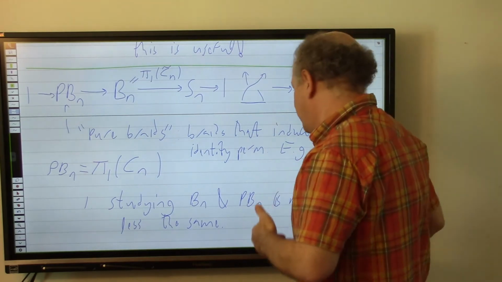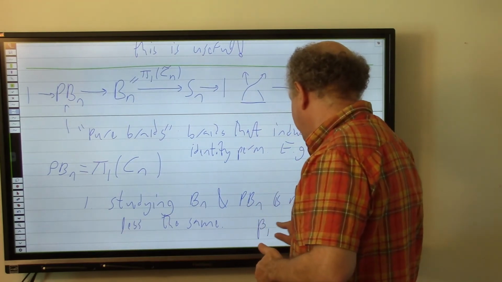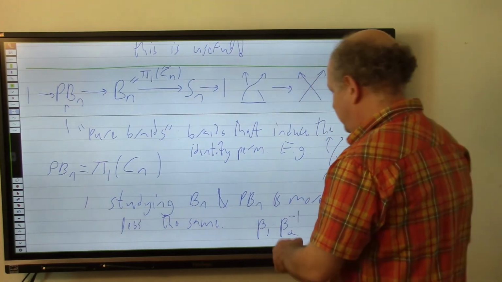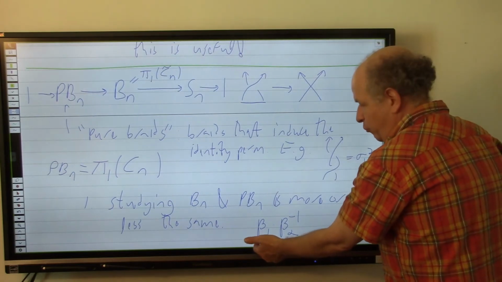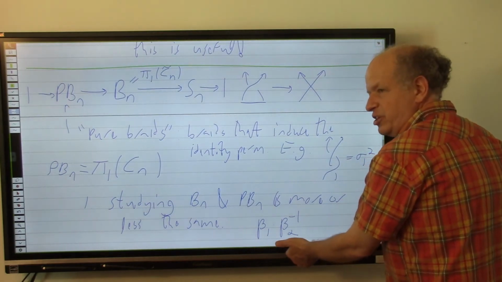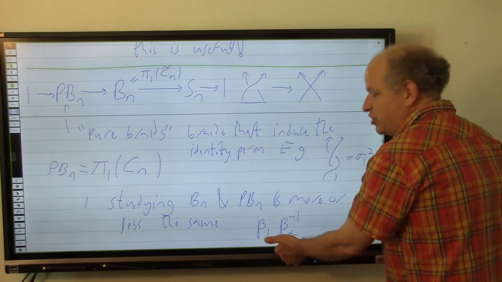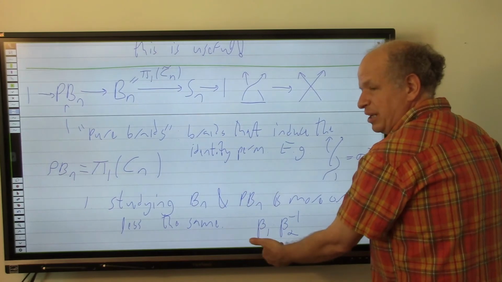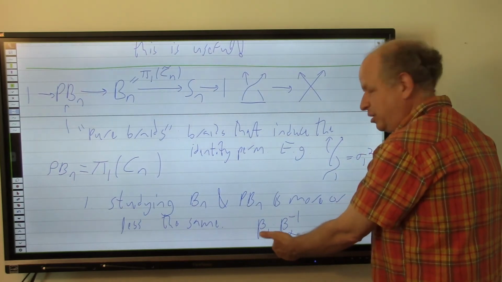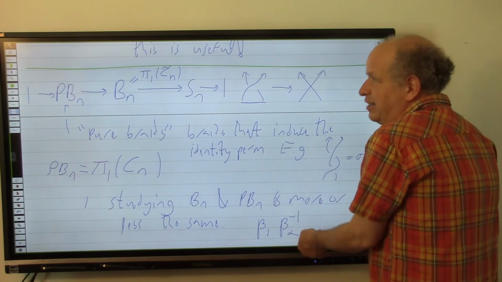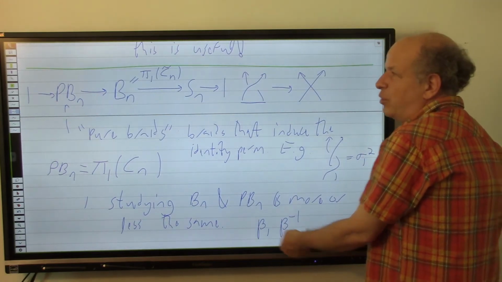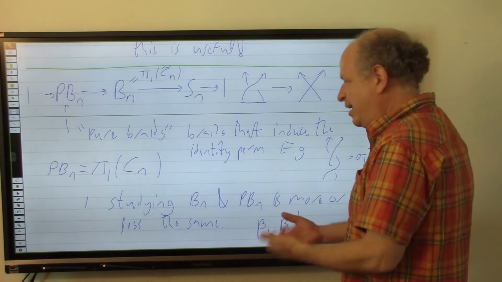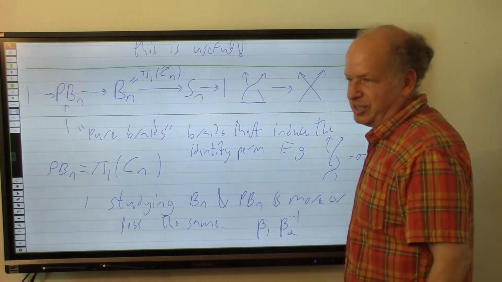Otherwise, you take the first one and you multiply it by the inverse of the second, and at permutation level, you've multiplied a permutation by its inverse, because now I'm doing the case where they induce the same permutation. So you got the identity permutation. So deciding if they're the same is a question about pure braids. So analyzing Bn and PBn is more or less the same.